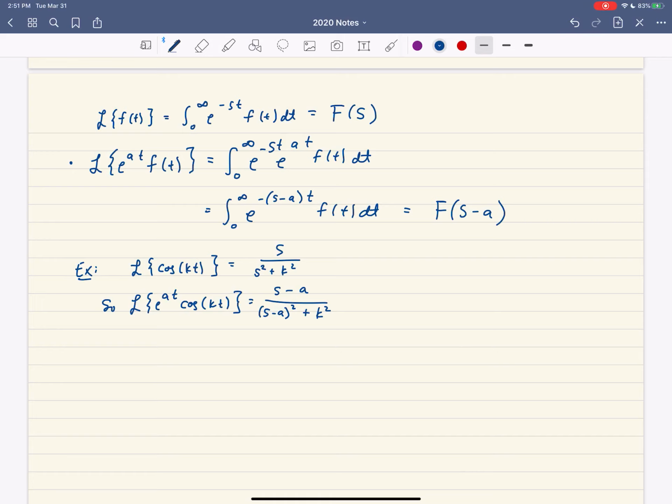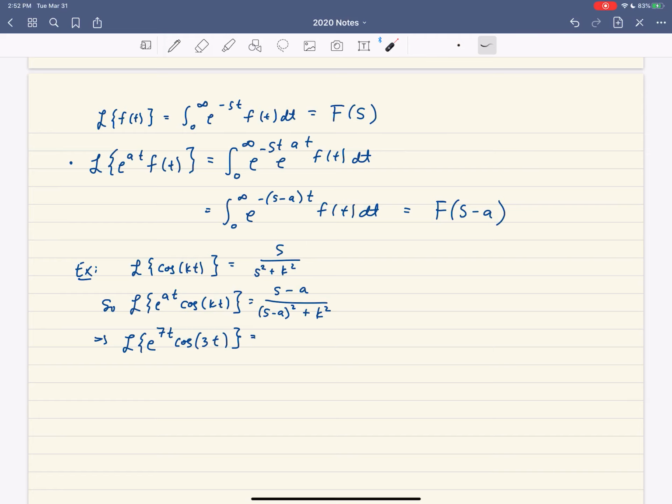So, for example, if I were to take the Laplace transform of e to the 7t cosine of 3t, what would we get? You should always go back and think about what happens to cosine of 3t.